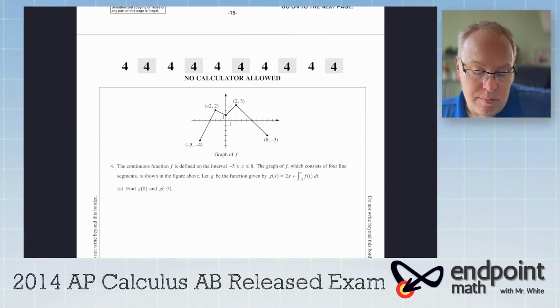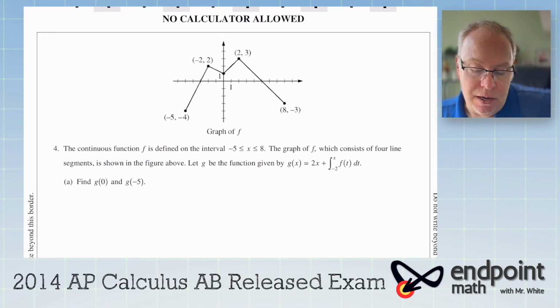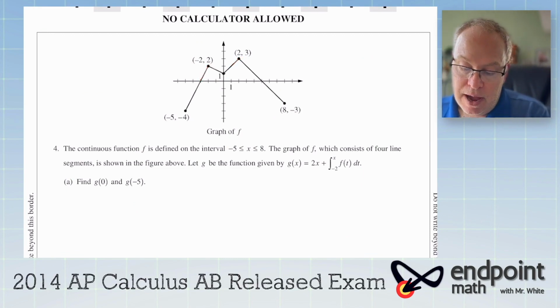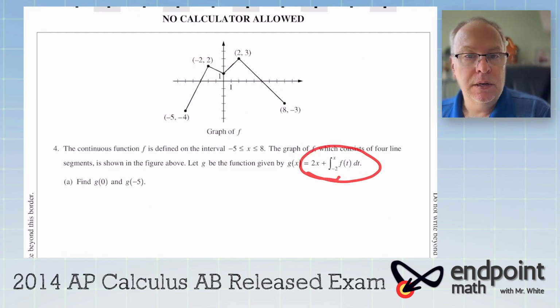Let's move on to number 4, which is the second problem here in the no calculator section. The continuous function is given above. Now notice that it has some corners. You should really take note of that. The graph of f, given here, consists of 4 line segments. Let g be the function given by this here.